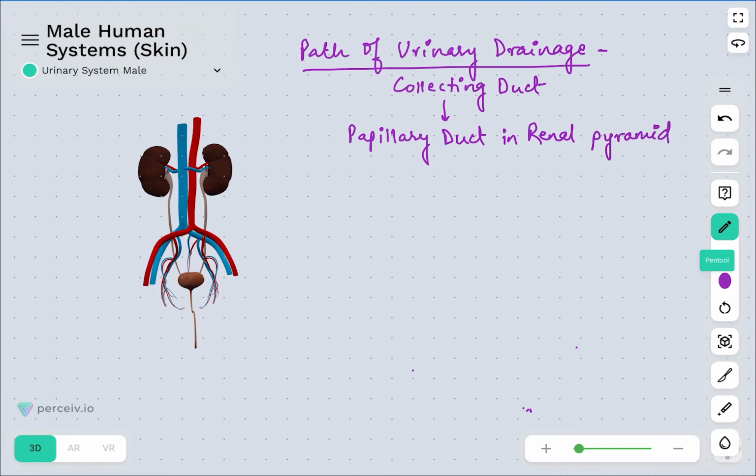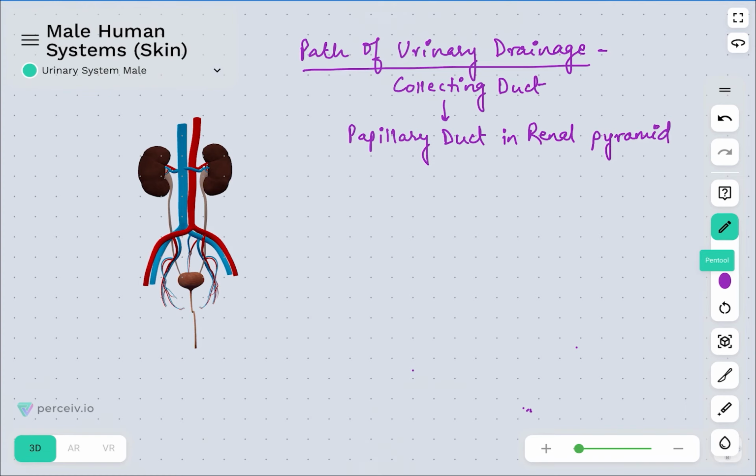There's a video of the kidney cross section that has already been made. You can go through that video and understand the concepts of the internal sections of the kidney, where there is a mention of the renal pyramids, the cortical regions and the medullary regions in detail.